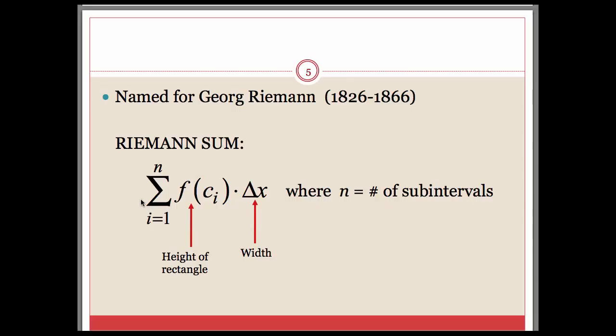If you think about it, remember all your rectangles are hitting the curve someplace. So the height of those rectangles can be given by the y value of the curve. That's why the height of the rectangle is given by f of c sub i. So that accounts for the height of the rectangles. Of course, to get the area of a rectangle, we need height times width. Delta x is going to account for the width of all of those.